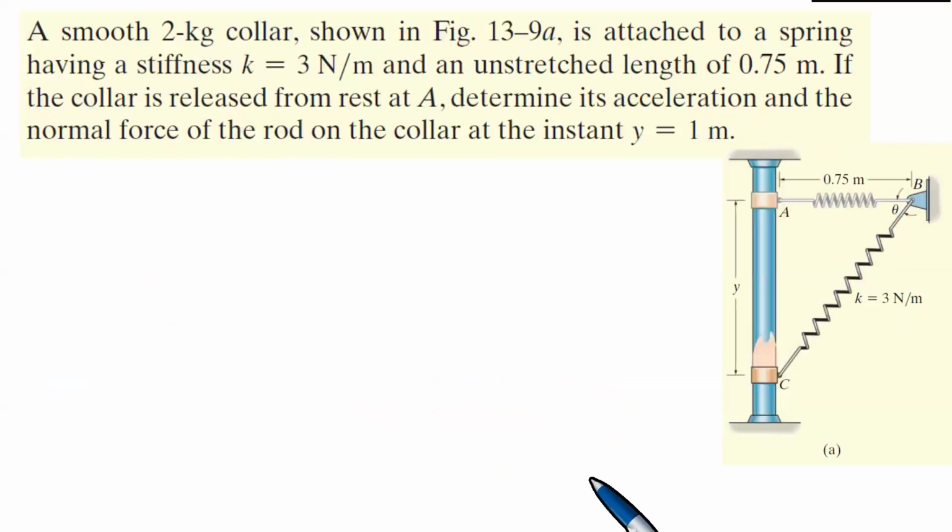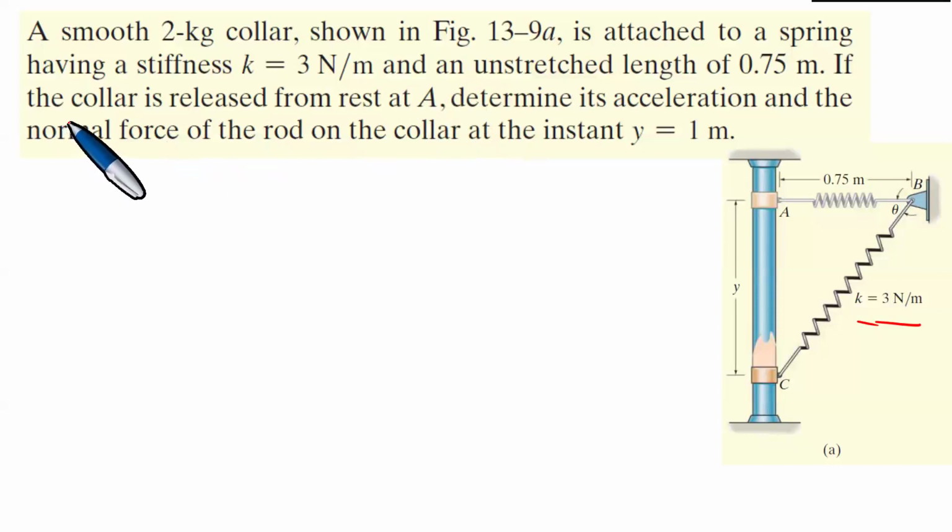Okay, let us look at this one. A smooth 2-kilogram collar, shown in figure 13.9a, is attached to a spring having a stiffness k equals 3 newtons per meter and an unstretched length of 0.75 meters.